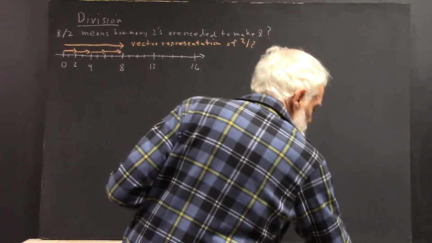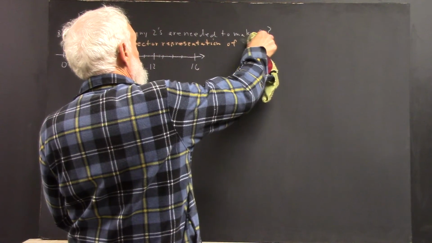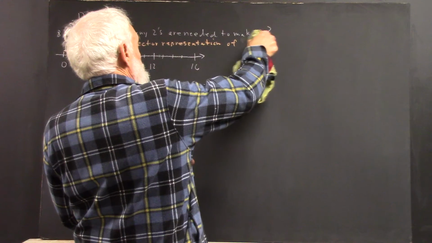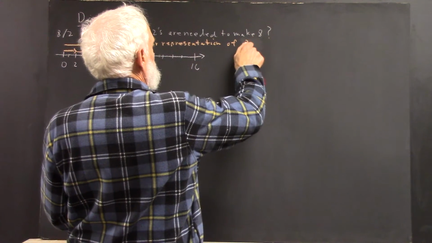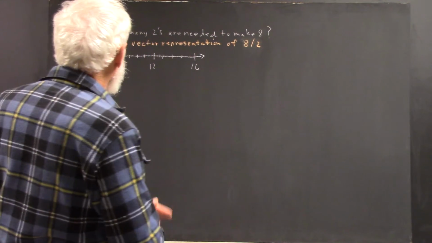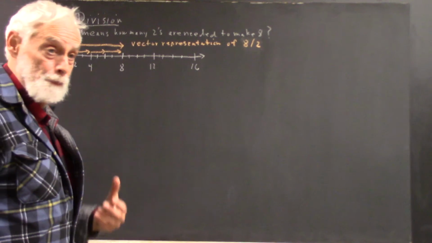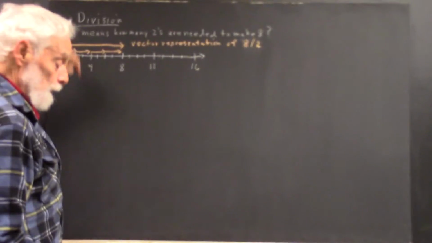Okay, so that's 8 divided by 2. I was about to say 2 divided by 8 would be 1/4. How many of these does it take to make one of these? Well, it takes 1/4 of one of these to make one of these.